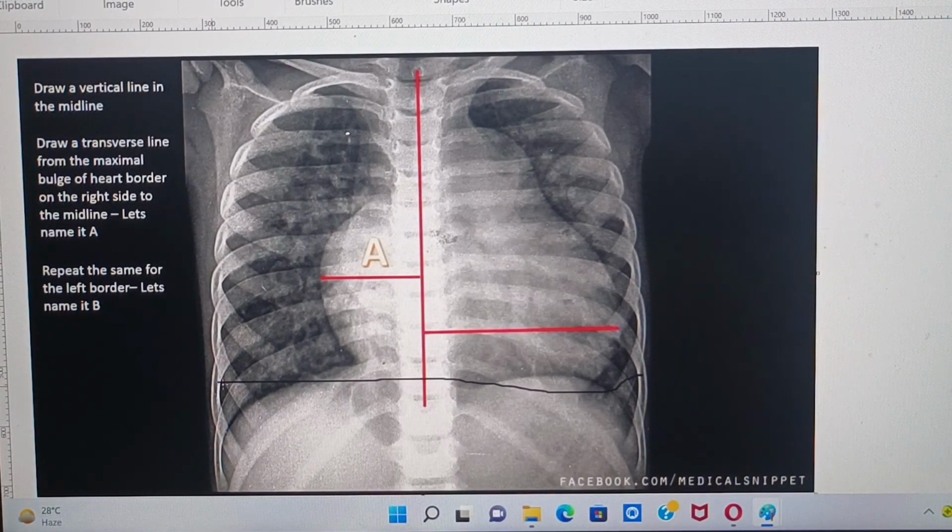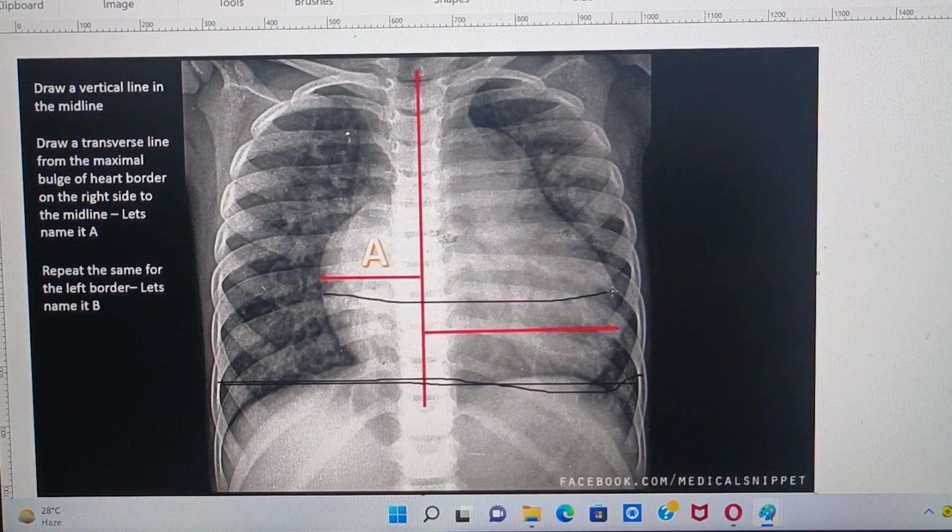Take the width of the thorax from inside to inside. Suppose this is 20. Then take the width of the heart. Usually we take a line from A to B and measure it as the width of the heart.